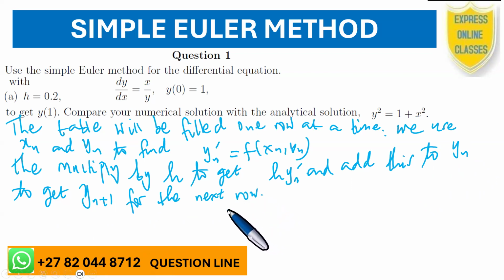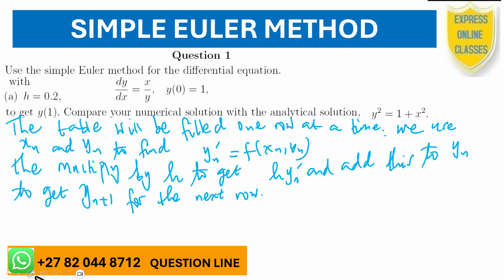Now let us look at this, but reason very, very carefully. We've just described what we're going to do, but obviously we shall do it, and that will make it much clearer when we actually put the method into practice and construct the table.